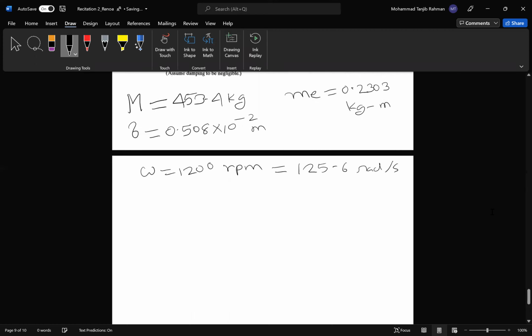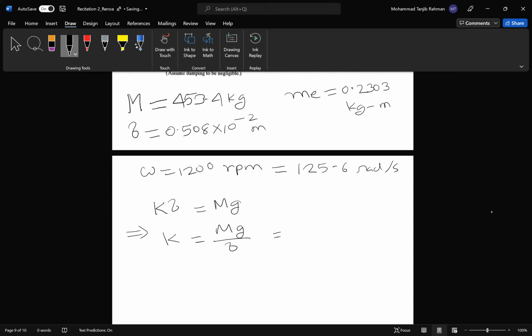Now, we know that K delta, where delta is the deflection, is equal to mg. So you can write K is equal to mg by delta.